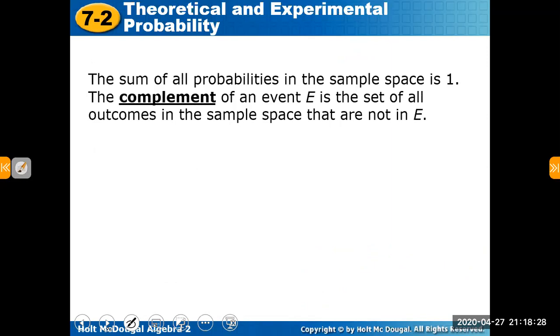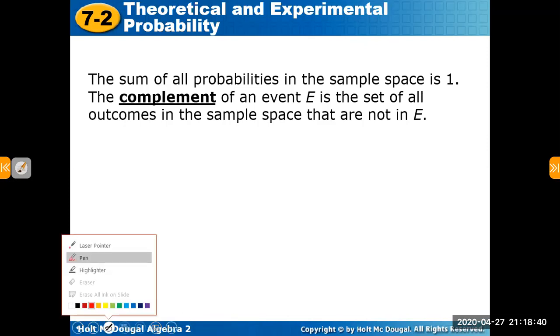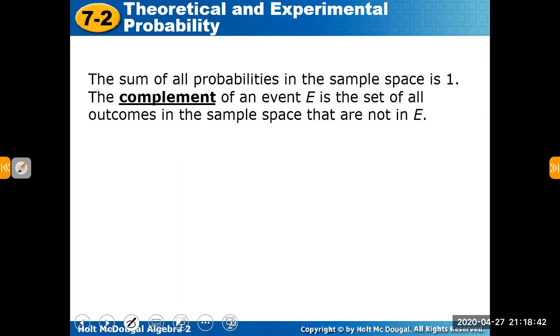The sum of all probabilities in the sample space is 1. What does this mean? Let's say I take the different numbers of a number cube: 1, 2, 3, 4, 5, 6. Each of them has a probability of 1 over 6.